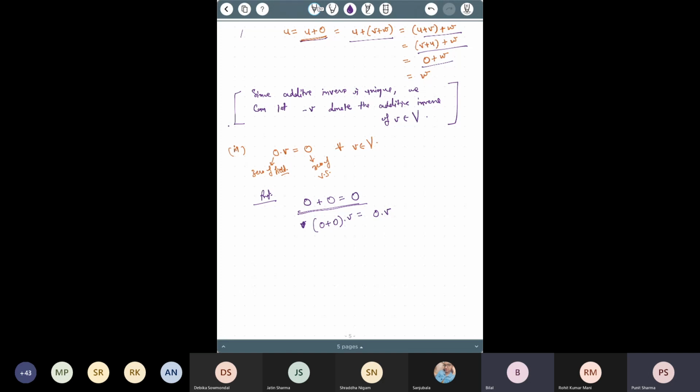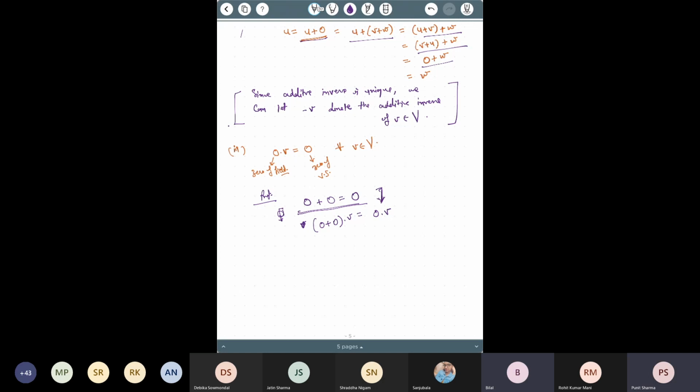But why is this step not correct here? Can you tell me why this step is not correct? Sir, 0 is the identity element.